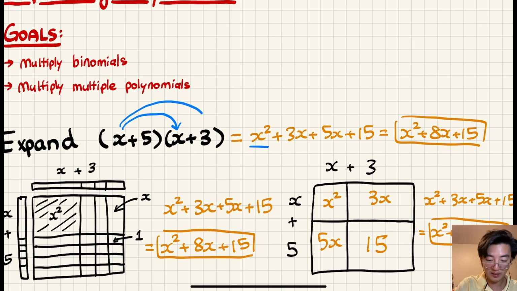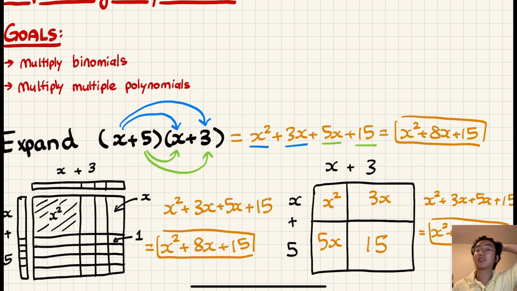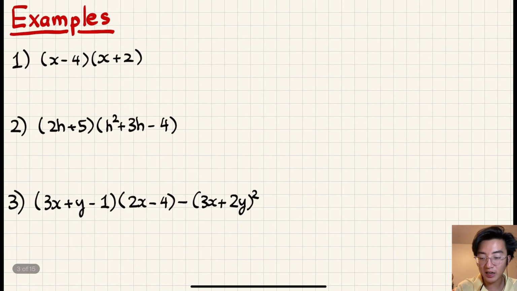Then we multiply the first of the first binomial and the second term of the second binomial, we get 3x. Next, we take the second term, multiply to the first term, get 5x. And the second term, multiply to the second term, we get 15. This is pretty much a mental way to visualize the diagrams in your head. And then when we multiply everything, we just add everything up. With that being said, let's check out some examples here.